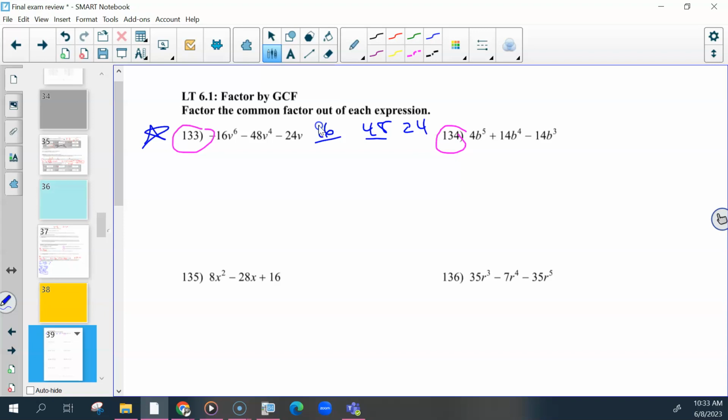So I know the factors of 16 are 1, 16, 2, 8, 4, 4. And then for 48, if you were looking for all the factors, 1, 48, 2, 24, 3, and 12.